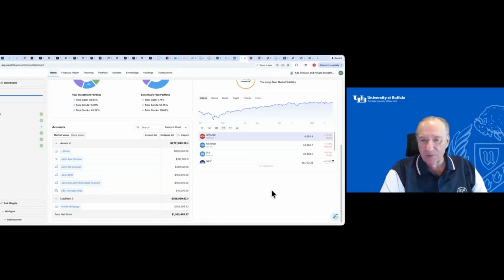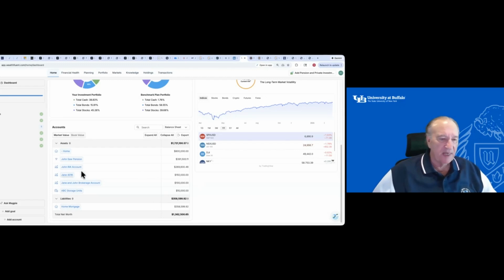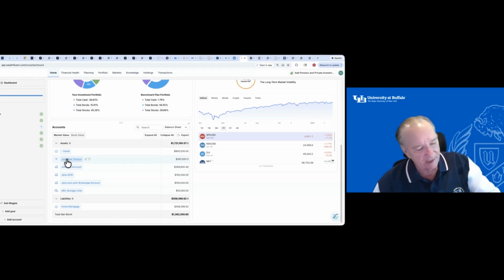So we can see what happens when you add assets and liabilities that are typically not used in the investment side of the balance sheet. For example, here I've added John Saw's pension. He gets about $1,500 a month.